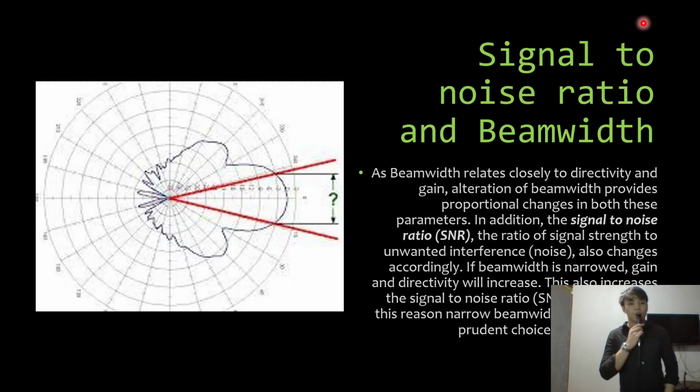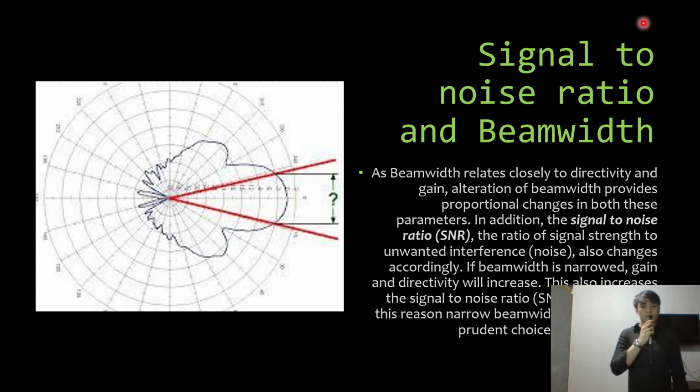So signal to noise ratio and beam width. As beam width relates closely to directivity and gain, alteration of beam width provides proportional changes in both these parameters. In addition, the signal to noise ratio, the ratio of the signal strength to unwanted interference, also changes accordingly.